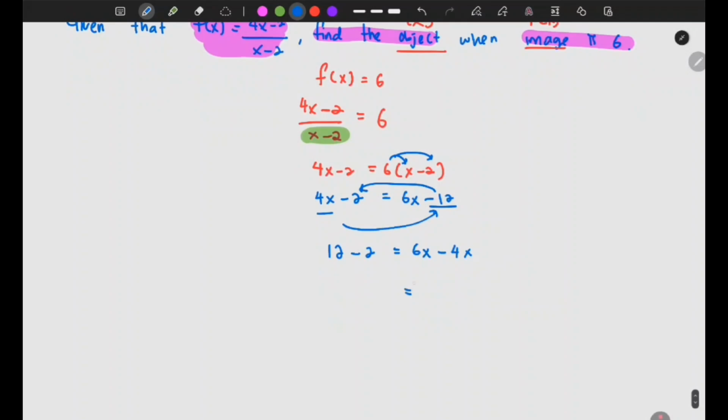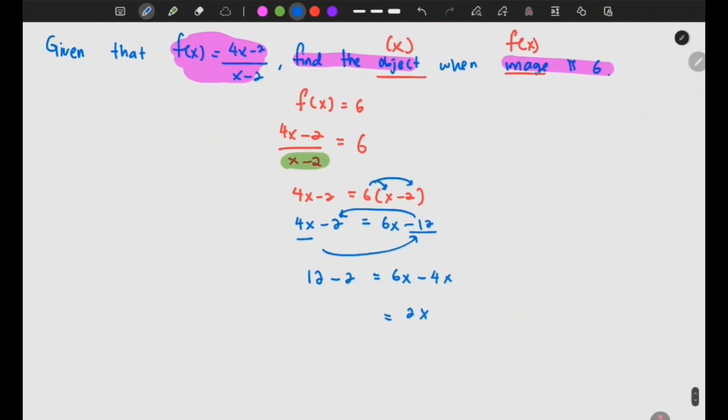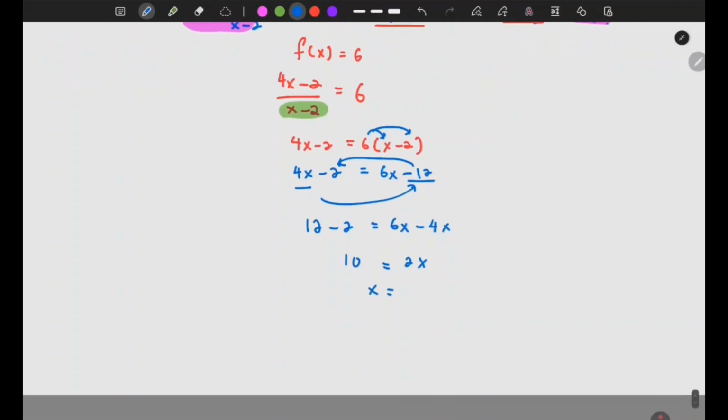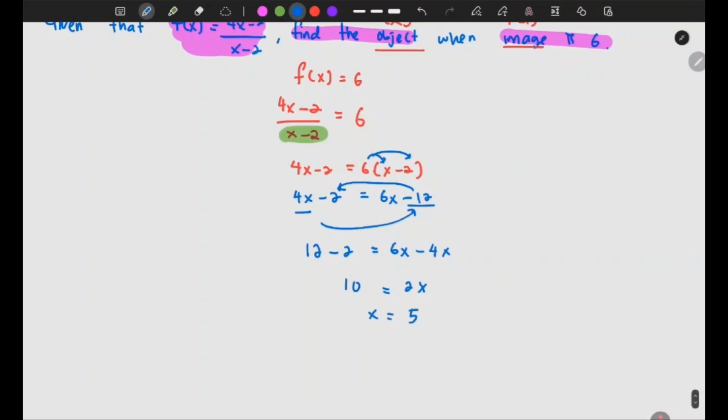So 6x minus 4x is 2x, and 12 minus 2 is 10. So my x will be 10 divided by 2, so it's 5. Done.